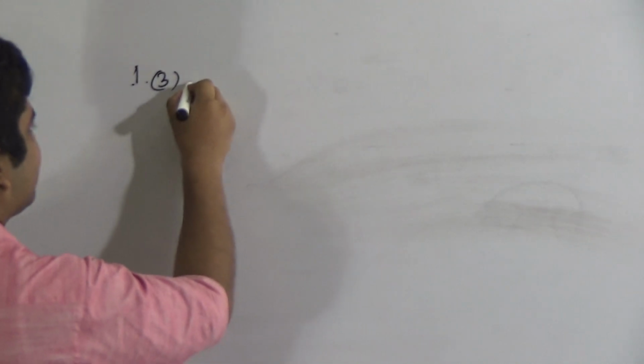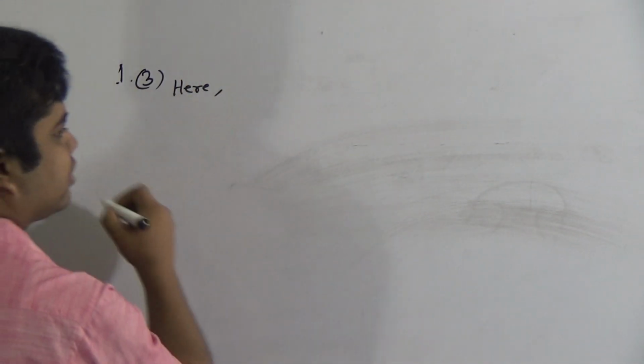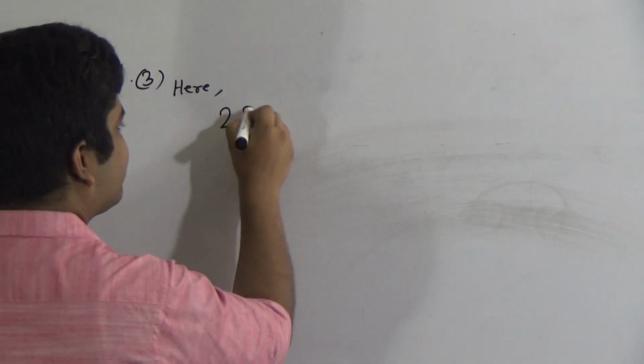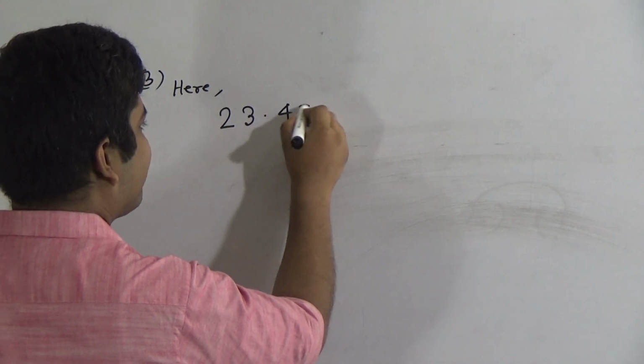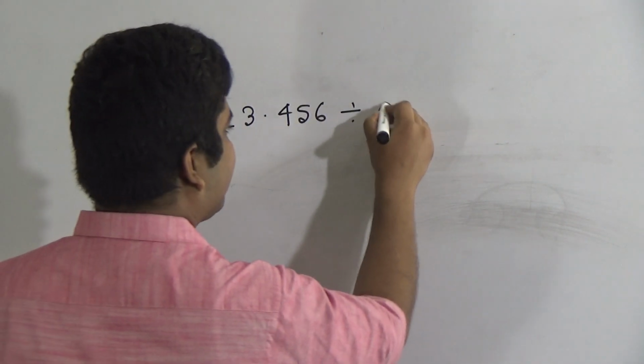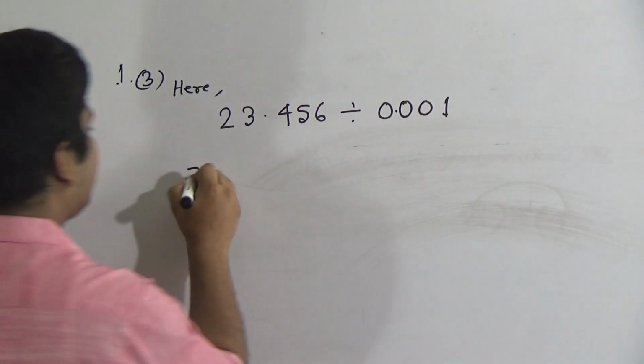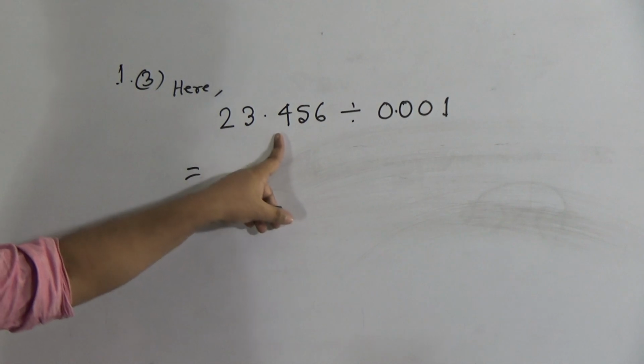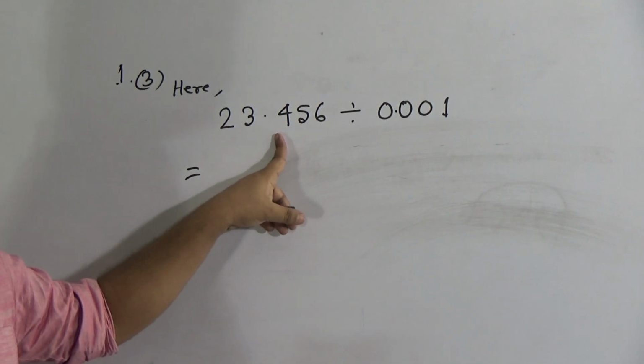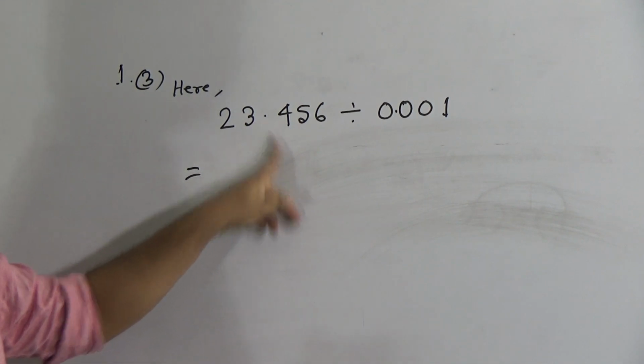1 3. Here 23.456 divided by 0.001. Dear student, at first we write this number as fraction. That means without this point.